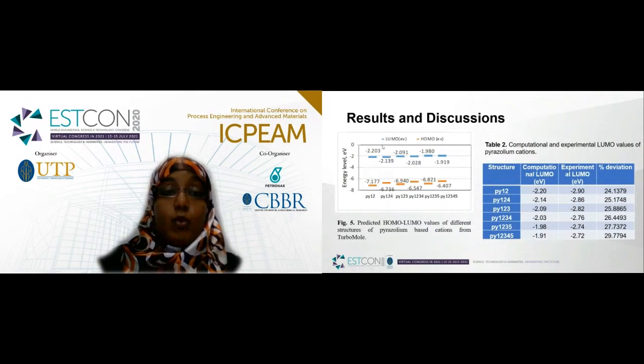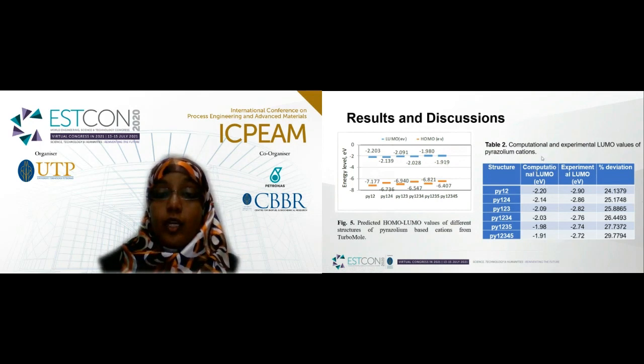We also study the LUMO value of the different structures. We realize that the LUMO value, starting from the lowest to the highest, takes the same order of the catalytic performance reported by Vasiliev.